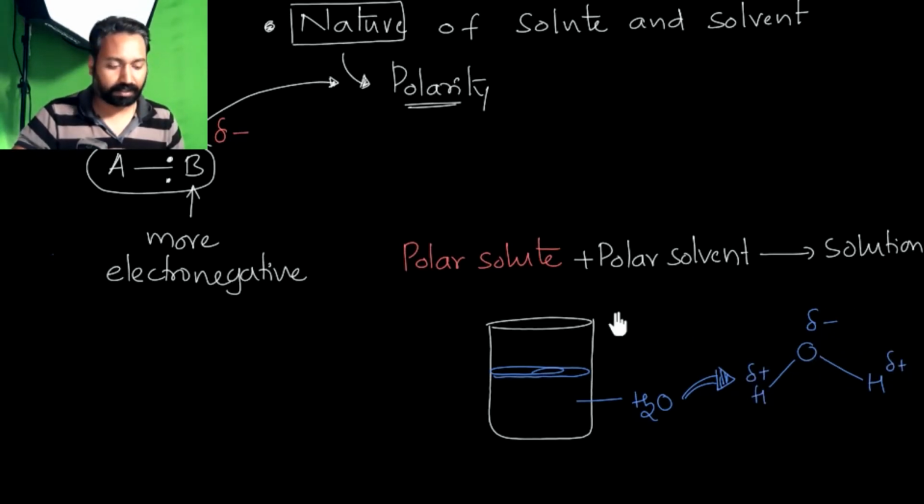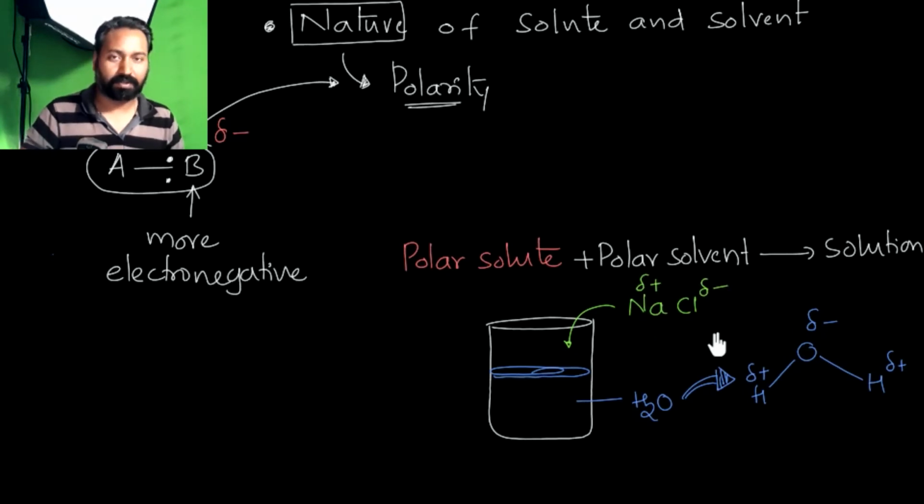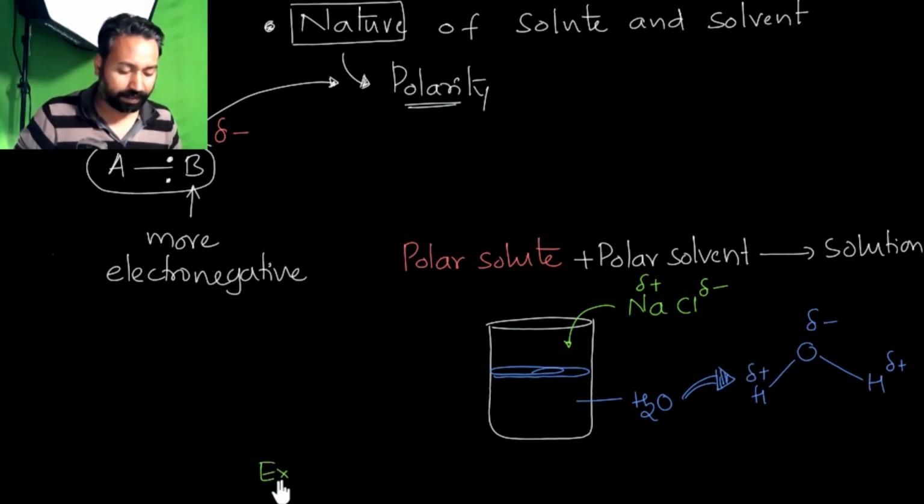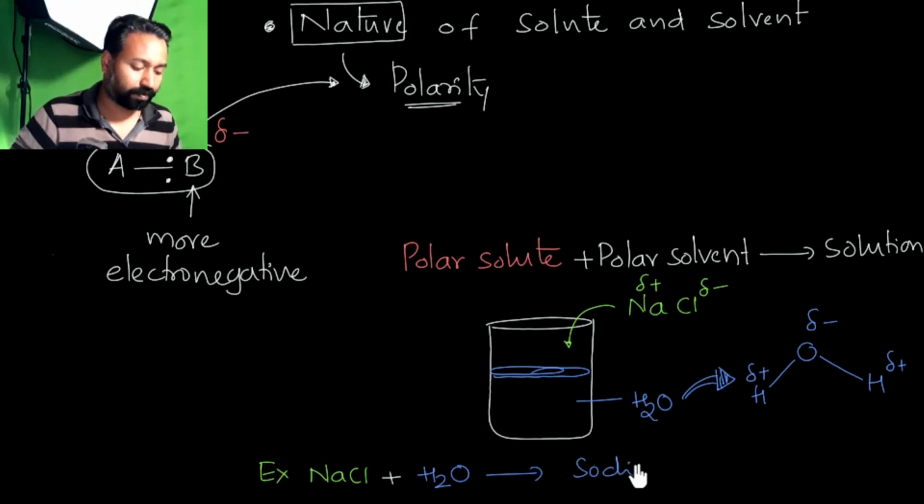In the same way, I am going to add the salt sodium chloride, NaCl, where Cl gains a negative charge and sodium gains a positive charge. These are polar molecules. This is a solute and water is a solvent. The polar solute and polar solvent lead to the formation of sodium chloride solution.